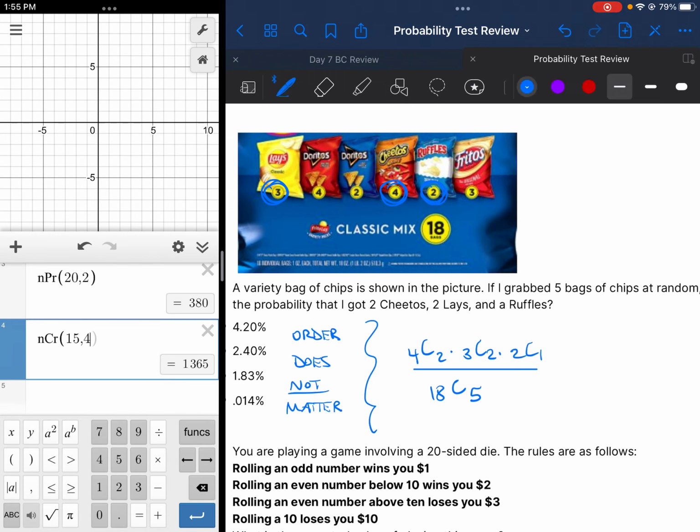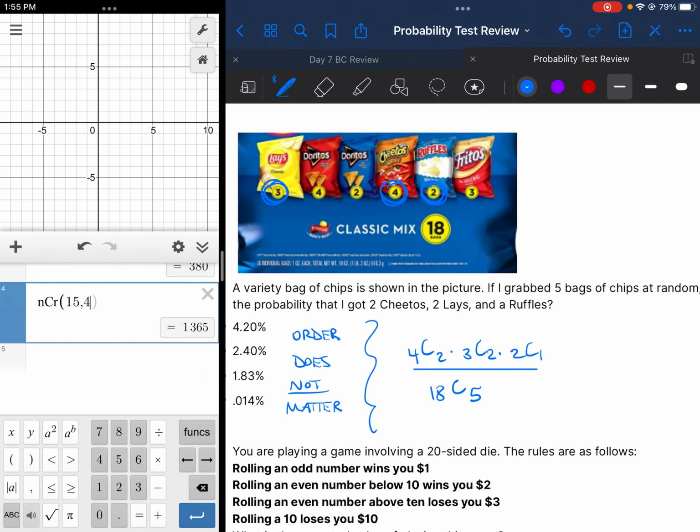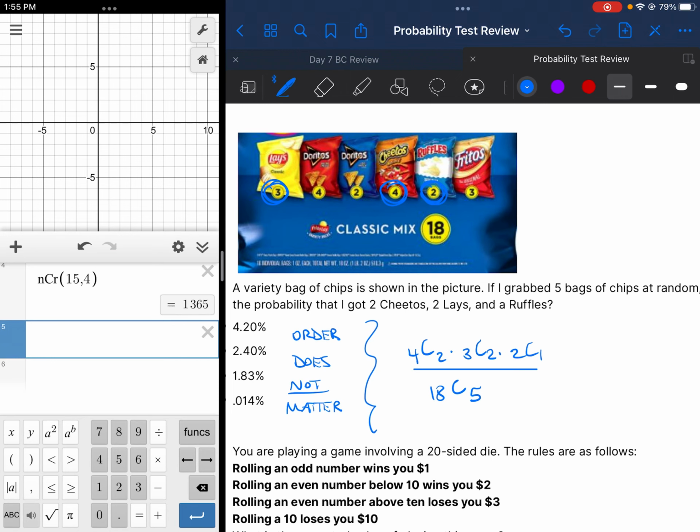Now, in Desmos, I know that when we took the probability quiz, there was something weird about the Desmos graphing calculator that was embedded into that SchoolNet quiz, and it didn't let us enter the entire fraction. So when you run into a situation like that, let's just assume the calculator on the test isn't going to let you enter the entire fraction.